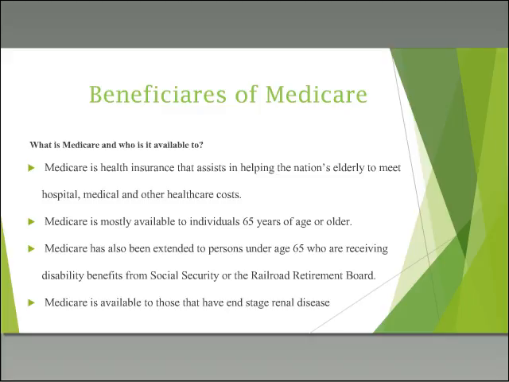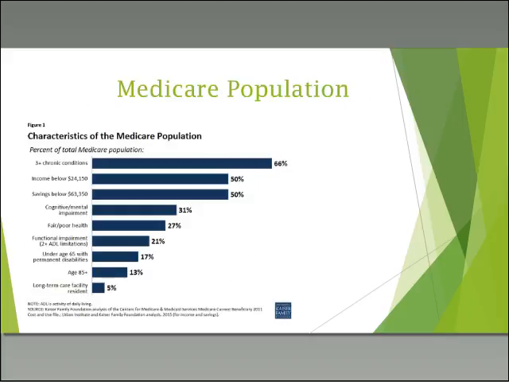Medicare has also been extended to persons under age 65 who are receiving disability through the Railroad Retirement Board, and that is available to people who have end-stage renal disease, no matter the age.